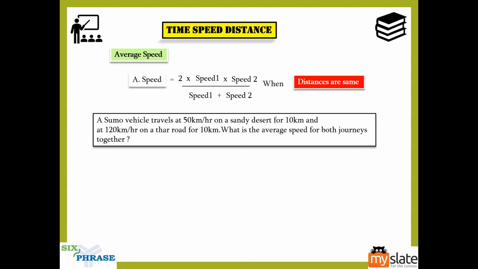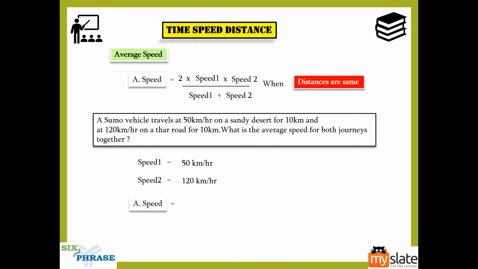Right, the same question: a sumo vehicle travels at 50 kilometers per hour on a desert for 10 kilometers and at 120 kilometers per hour on a tar road for 10 kilometers. Right, so here as you can see, the distance is the same. Now what is the average speed for both journeys together? So average speed is equal to, guys, first let us assume the two speeds.